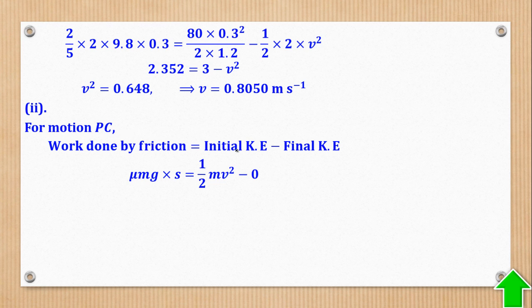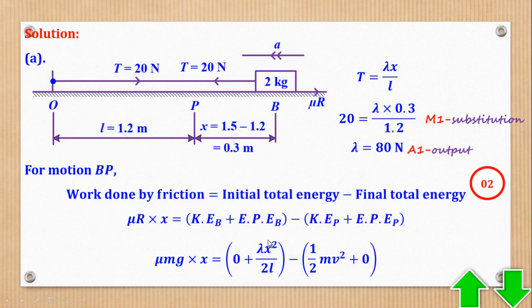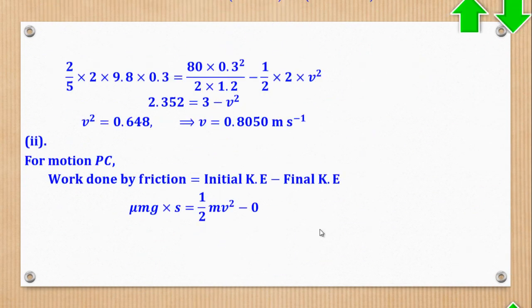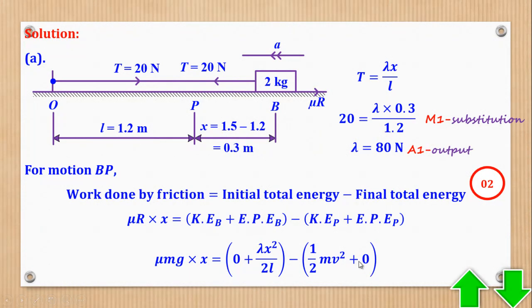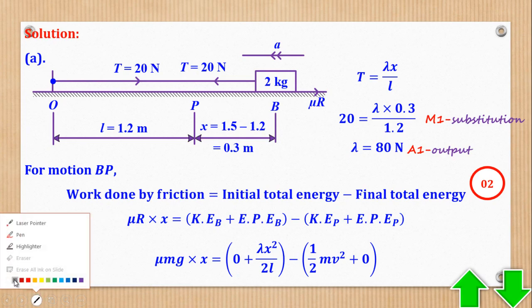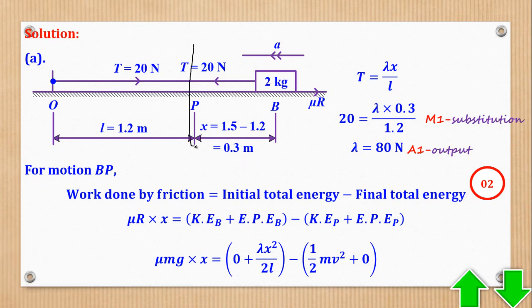Now here, you'll ask yourself, why aren't we adding elastic potential energy? Initially here, we added elastic potential energy. But in this case, we are not adding elastic potential energy. Why? It is because beyond point P, the string is no longer tight. Because it is no longer tight, there is no more tension.